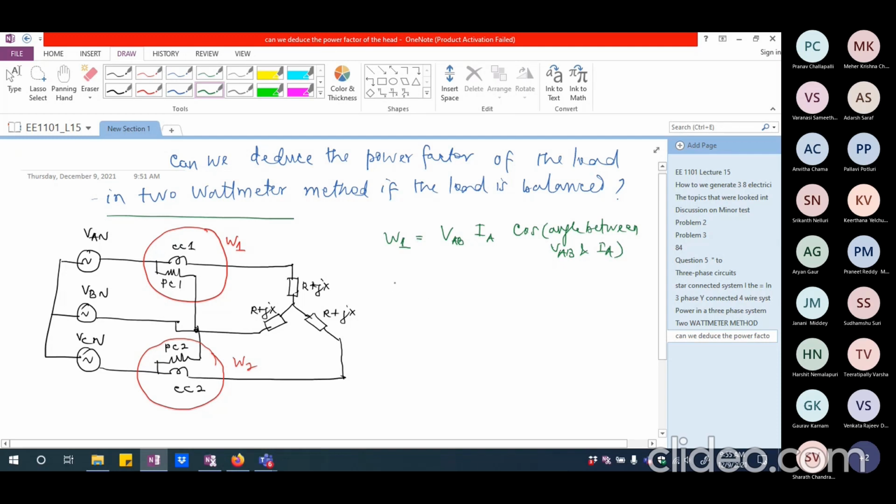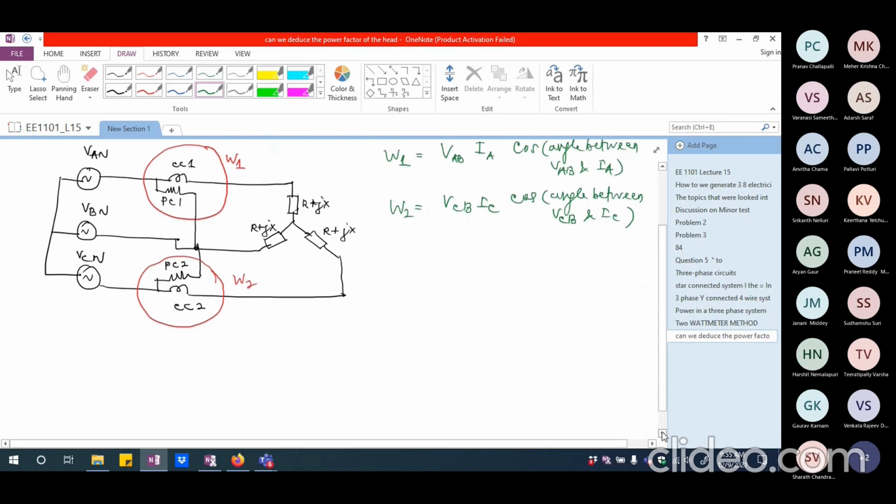And as far as W2 goes, I will have VCB multiplied by IC multiplied by cosine of angle between VCB and IC.